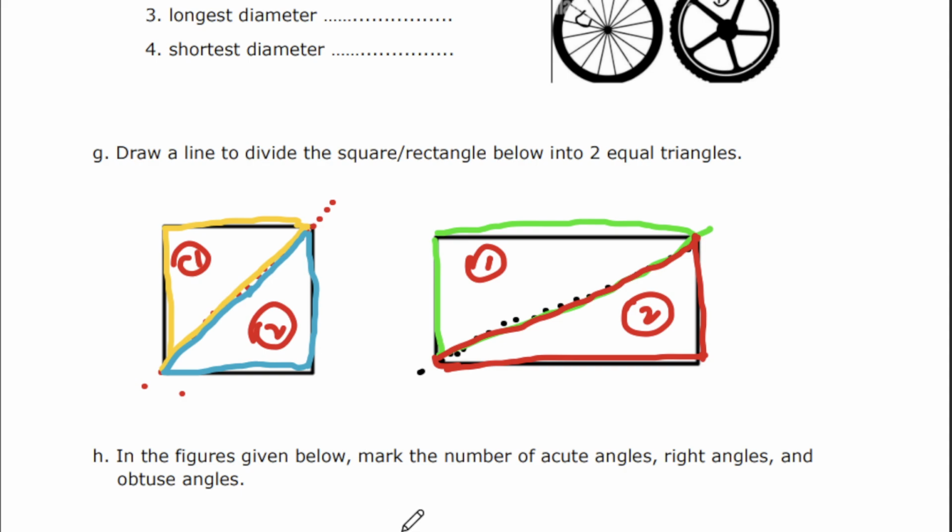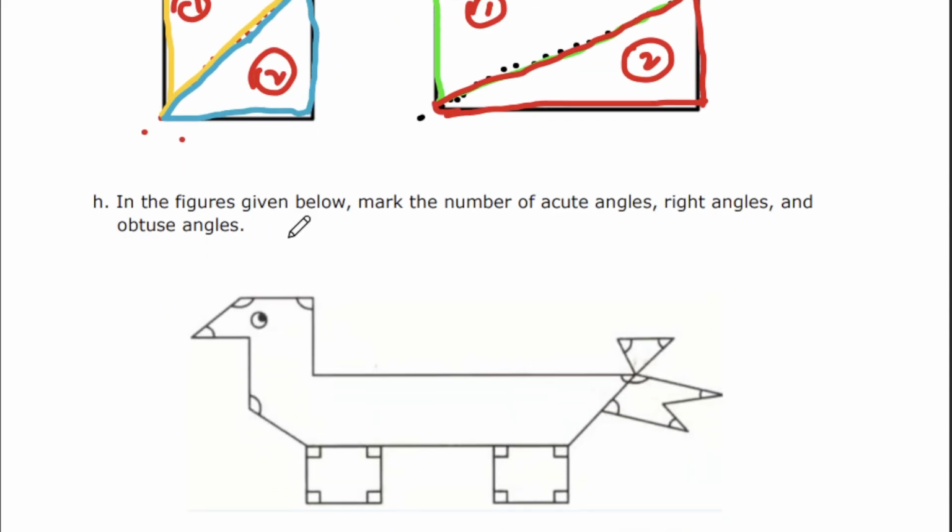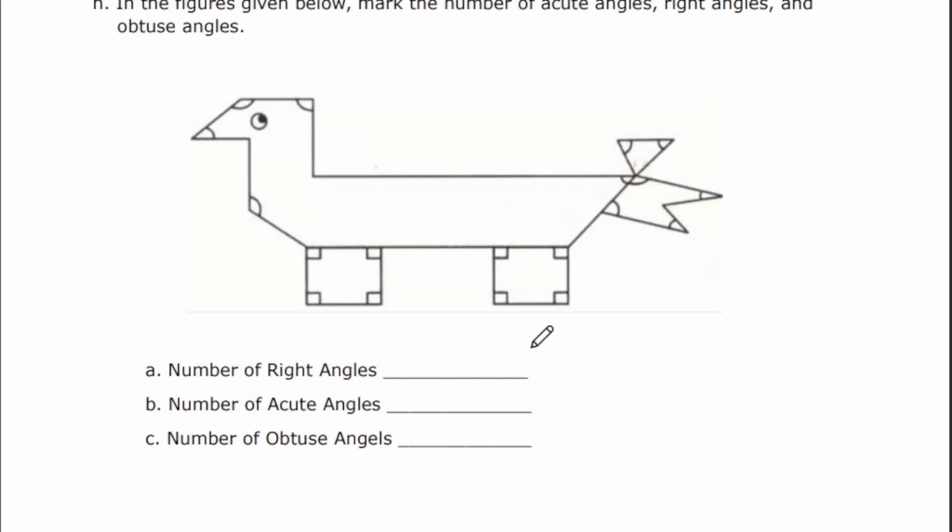And this one: in the given figure below, mark the number of acute angles, right angles, and obtuse angles. We already know the concept. A right angle is a straight angle, horizontal and vertical, standing and sleeping lines, it should be straight. This is one example of a right angle.